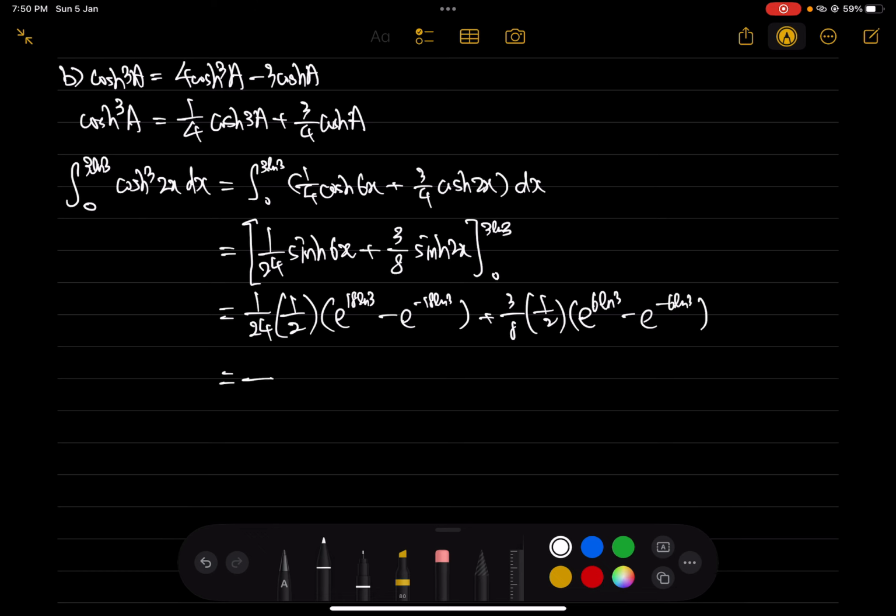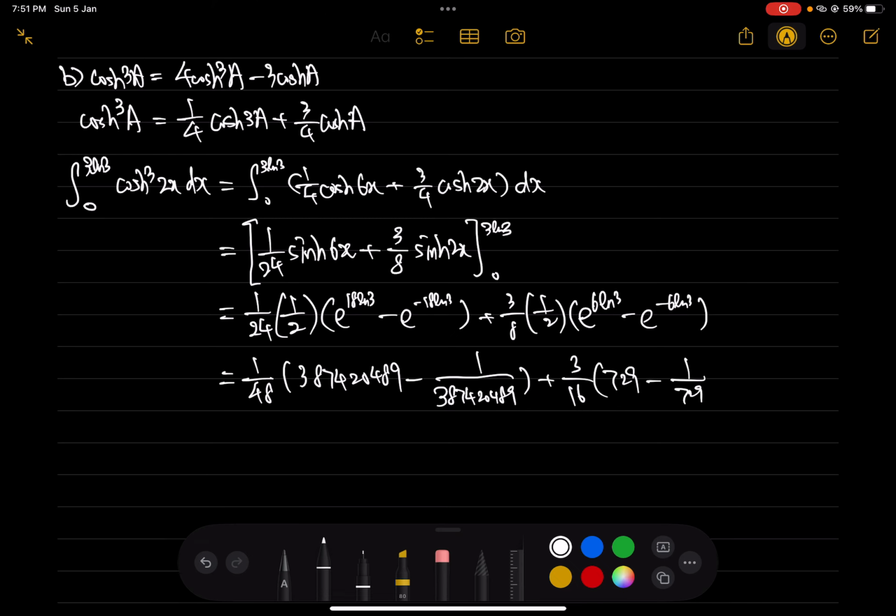So we have 1 over 48 of 3 to the power of 18, which is a really big number. Mine is 3 to the power of negative 18, which is just 1 of that. Plus 3 over 16 of 3 to the power of 6, which is 729. Mine is 1 over 729.